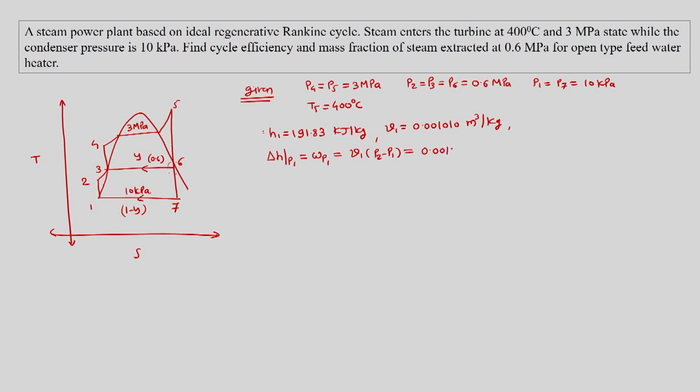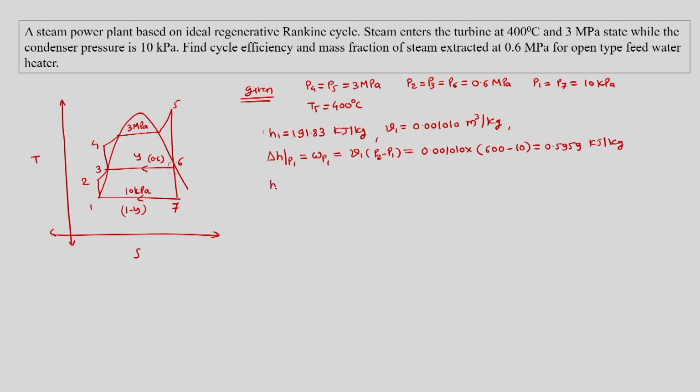So it is 0.001010 times P2, which is 600 kPa, minus 10 kPa, and this gives us the specific pump work for the first pump, which is 0.5959 kilojoule per kg. So this is the first pump work.